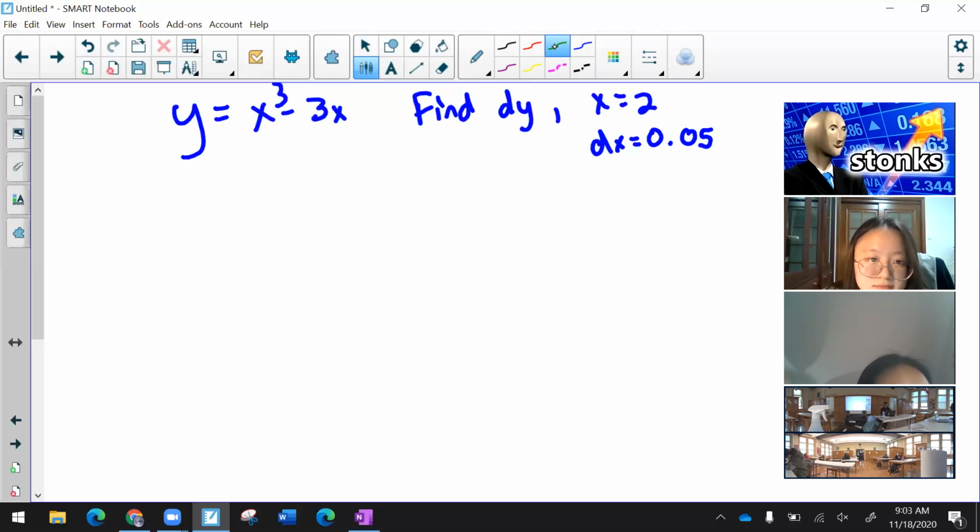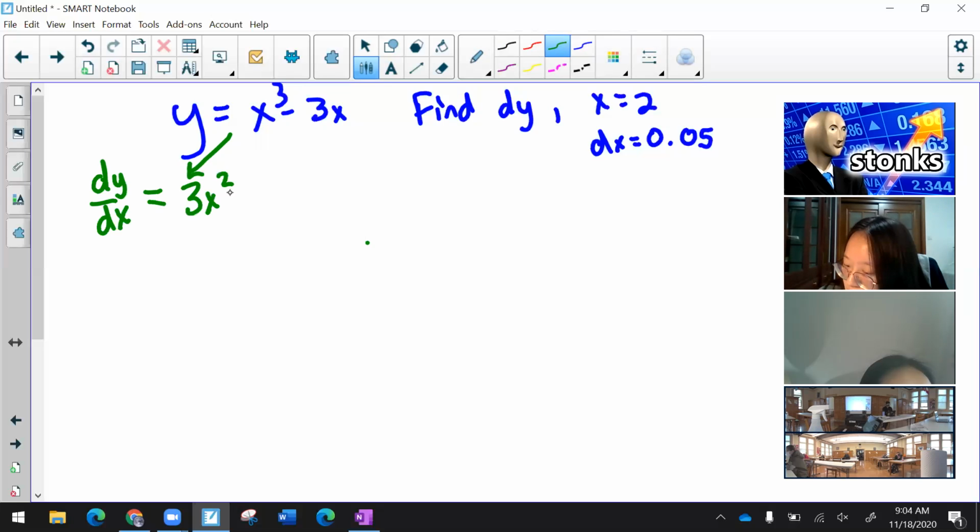Okay. So there's kind of two different ways, or maybe even three, that we can think about taking this derivative. So one way is we can say that we're going to take dy dx. And what's dy dx going to be equal to? 3x squared minus 3, okay?